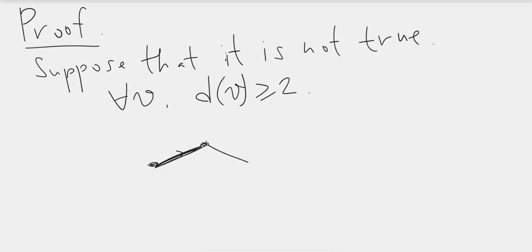So we can go by this new edge to another vertex. Then when we arrived here, because the degree is at least 2, one edge is here, but there exists at least one other edge incident to this vertex.